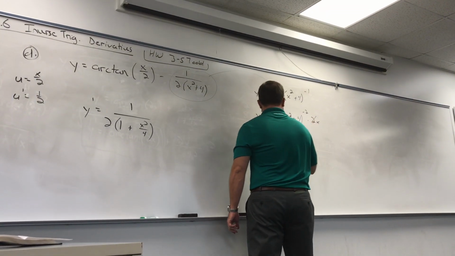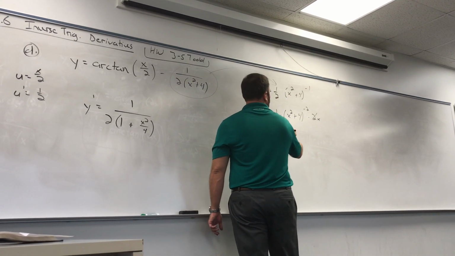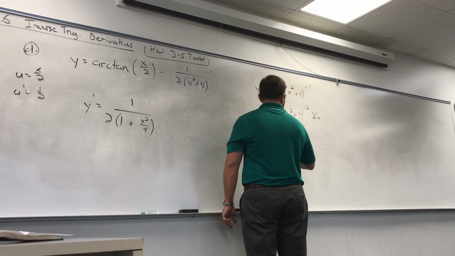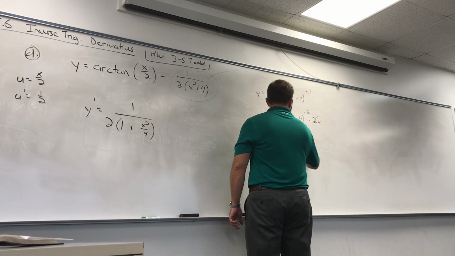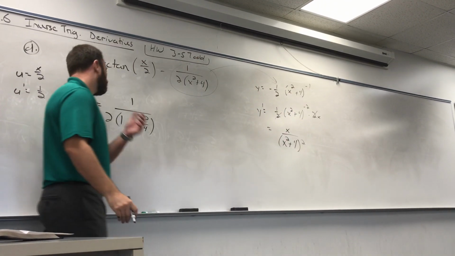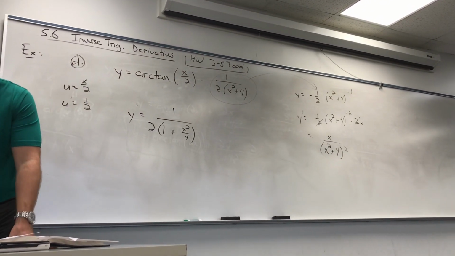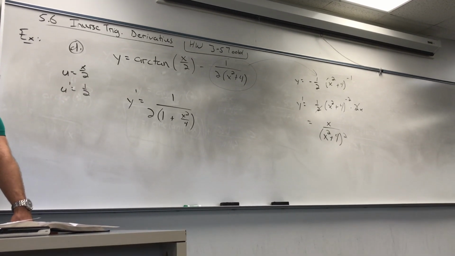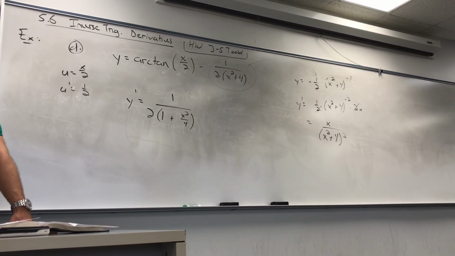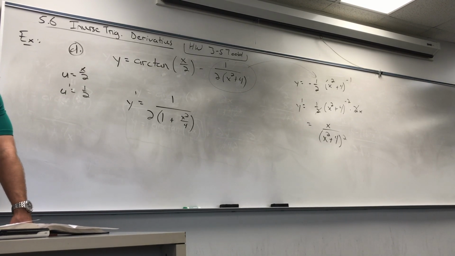See here these 2's would cancel. We would just be left with x over x squared plus 4 squared. All right. So let's put this together.